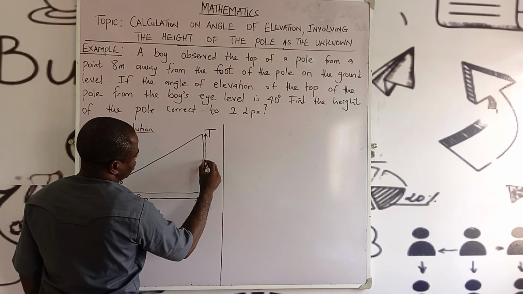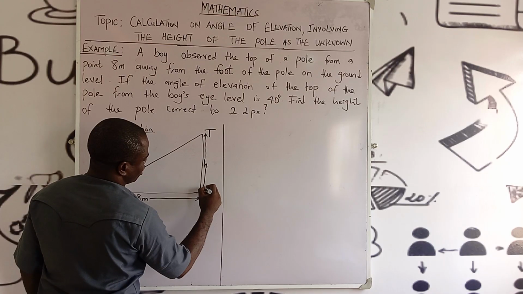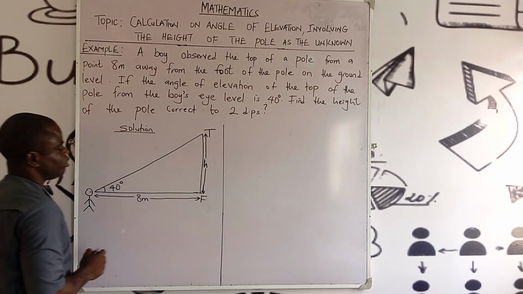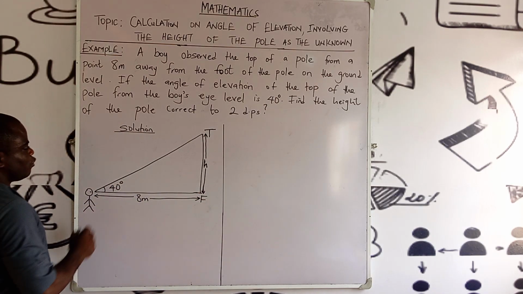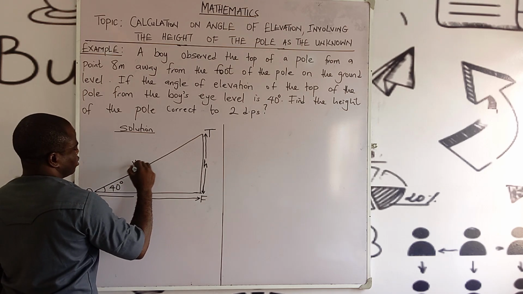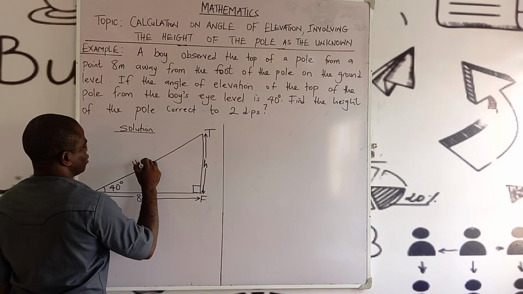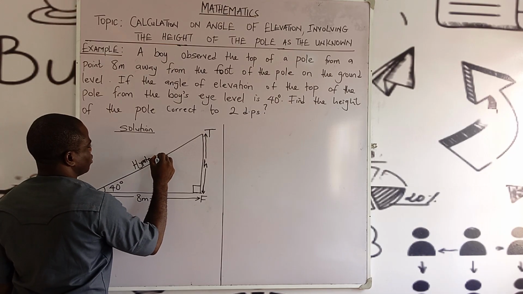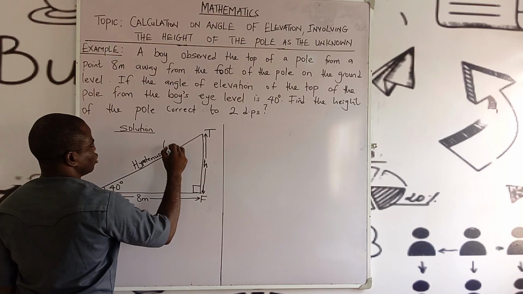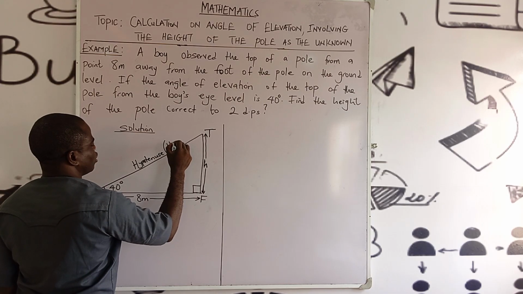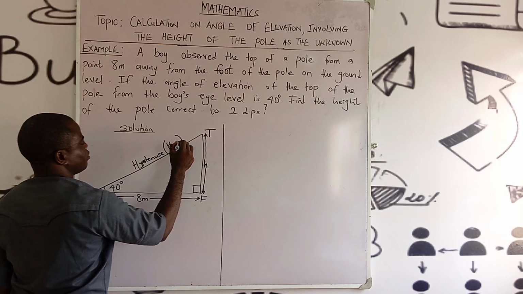Let's use h, small letter h, to represent the height of the pole. Don't forget that the longest side of the right angle triangle is the hypotenuse. Let's write the short form of it, HYP.